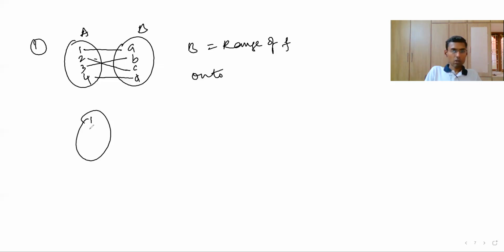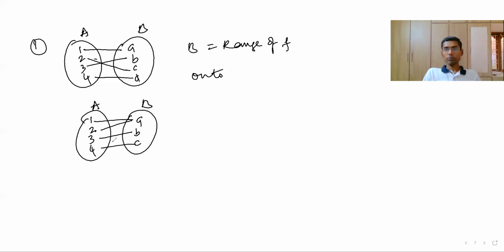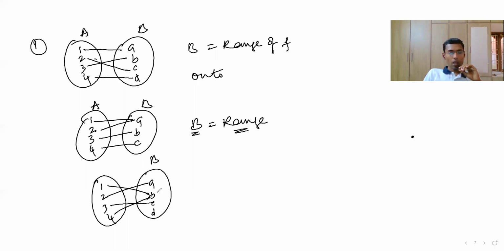Next, 1, 2, 3, 4 and A, B, C. What is codomain? B. Range is what? B. Every element in B is an image, that means every element is there in range.